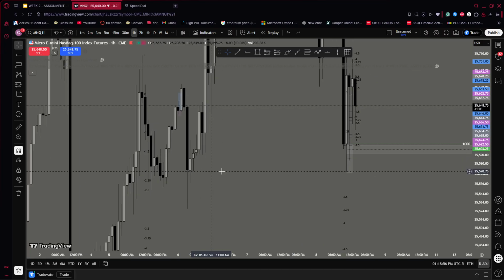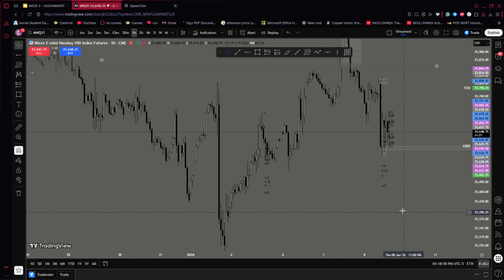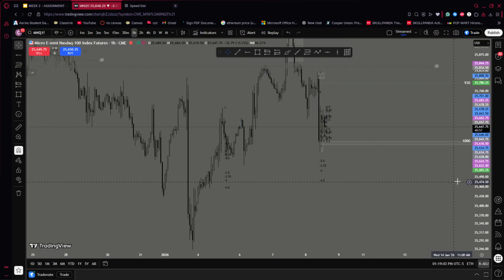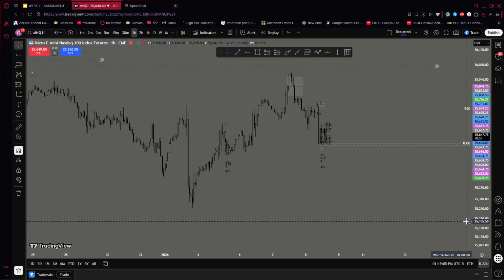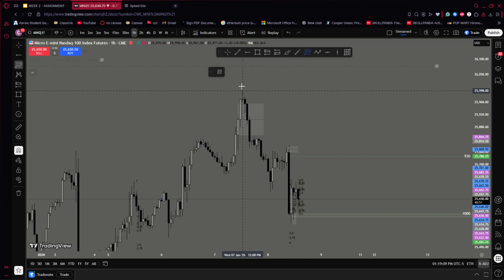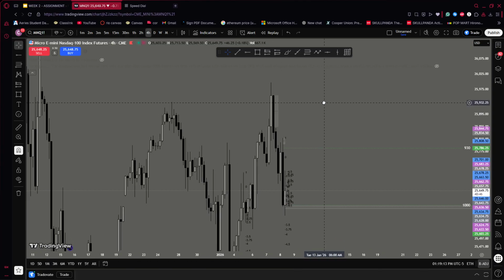We swept all this liquidity. Are there any OTEs? That doesn't look like it. I'm sure there's something, but you don't always have to see every single little thing in the market to predict it.